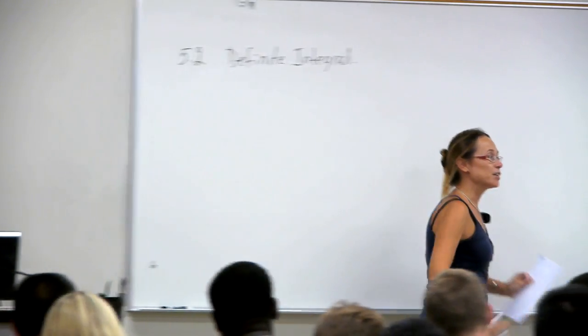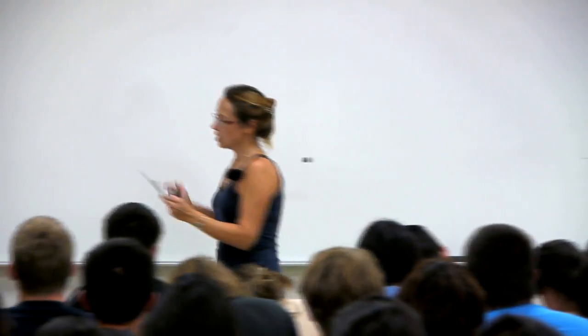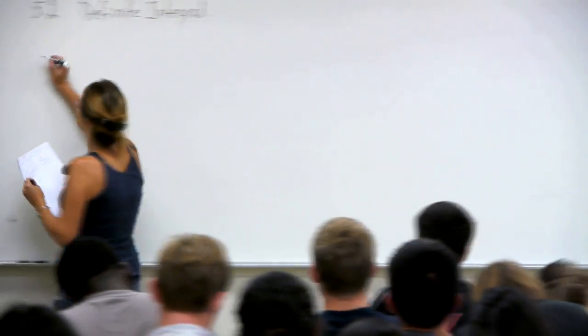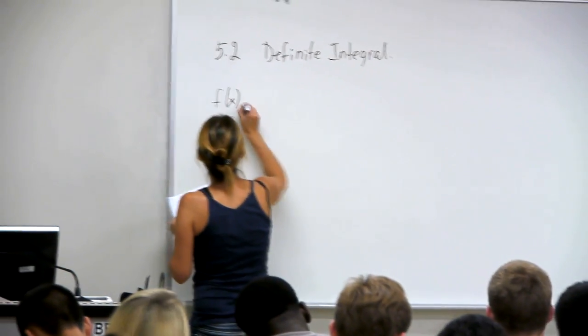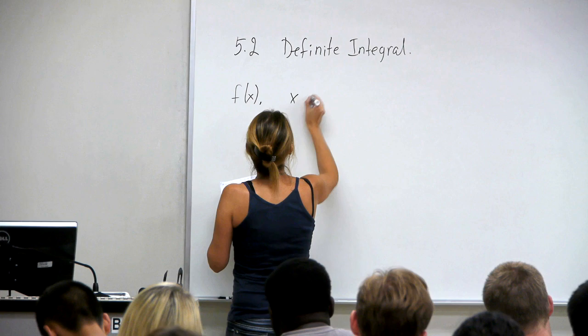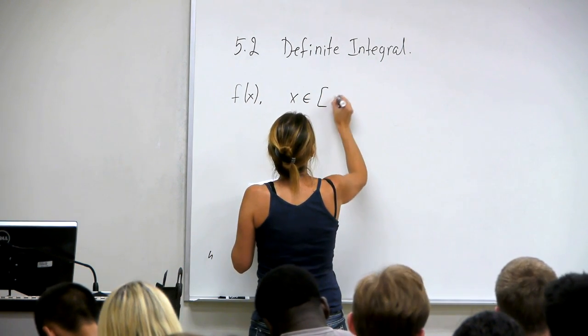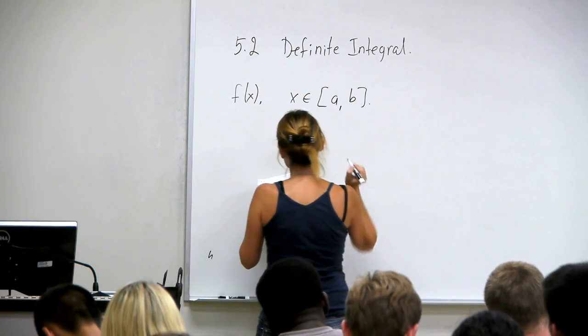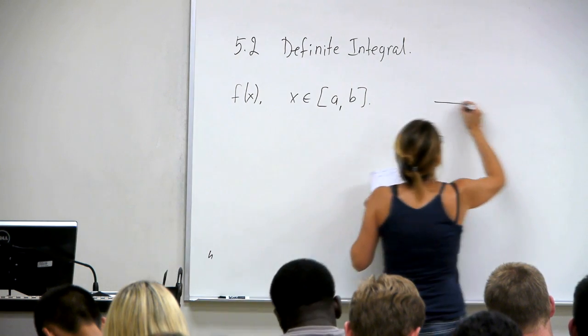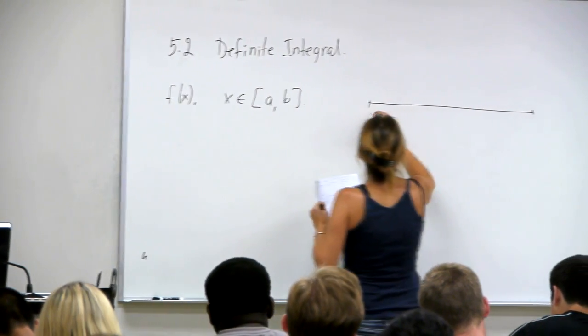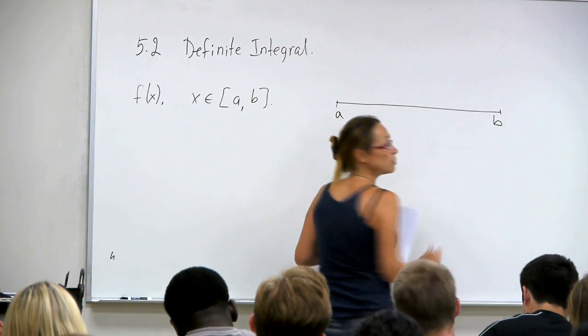So we'll start from a very important definition. We'll define the definite integral. Let's assume that we have a function f defined on an interval a, b. Then we take this interval and form a partition.